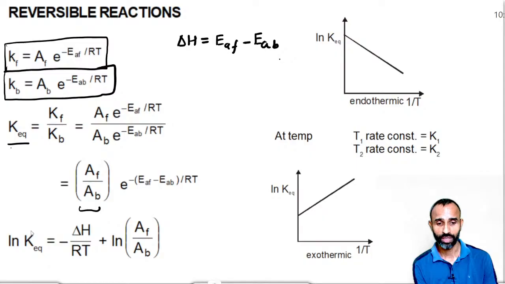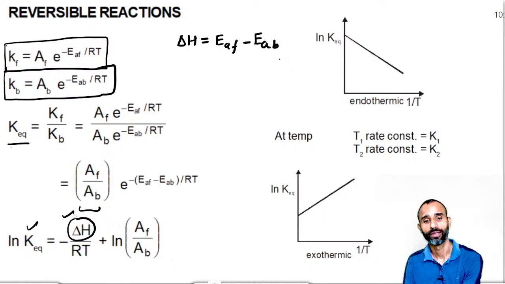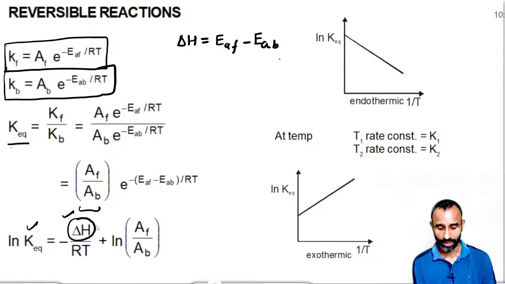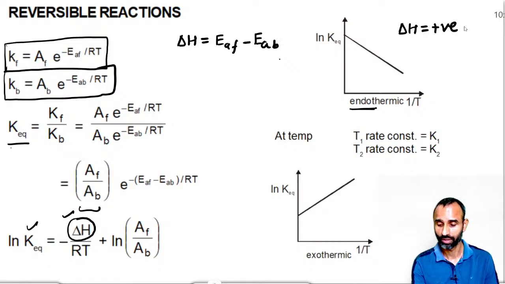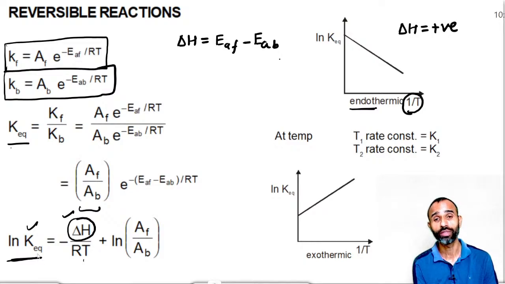So that means equilibrium constant is related to enthalpy of the reaction. If delta H is positive, meaning an endothermic reaction, then whenever 1 upon T increases, the value of natural log of K equilibrium decreases.